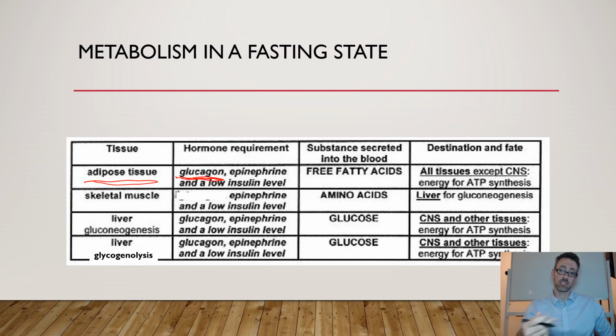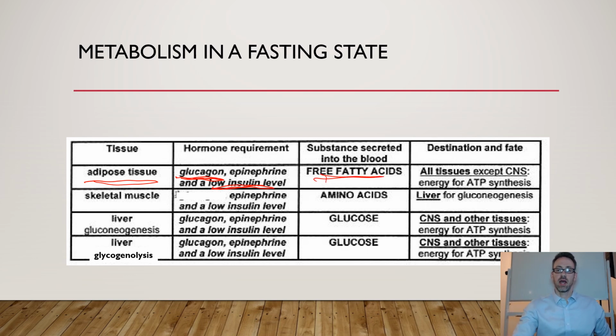Insulin drives glucose into cells. Glucagon raises the glucose levels in the blood. Epinephrine can also raise blood glucose levels, and again, that would be in the presence of low insulin levels. So the adipose tissue is going to break down some of its triglycerides and release that in the form of free fatty acids.